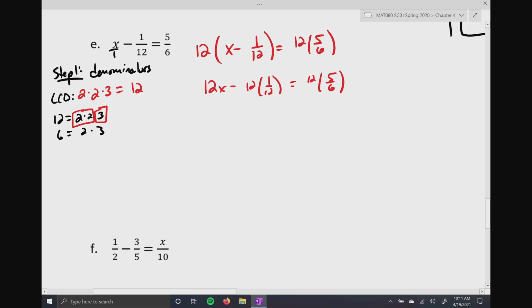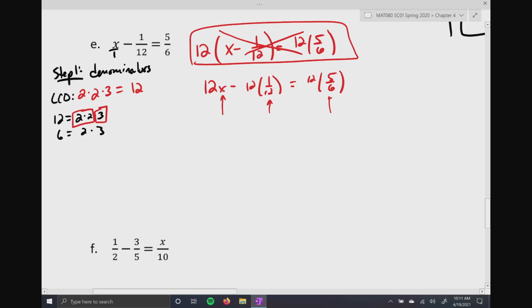What I do is I don't write this right here. I don't write that at all. Because I know no matter what, I need to multiply 12 by every single term inside this problem. So what I do is I multiply 12 by x, 12 times 1/12, and 12 times 5 over 6. So I go directly into this spot right here. Okay? That's what I do. They just do one more additional step, which is they put everything in parentheses and put 12 out front first.